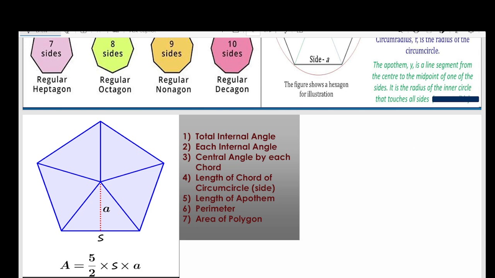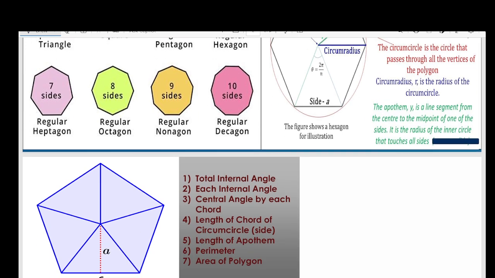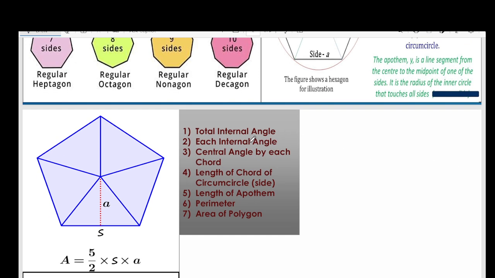Sometimes they will ask the radius of the circumcircle, how to calculate the values, the area of the polygon, etc. First of all, we will calculate the total internal angle. If you know how to calculate the values for one shape, say a pentagon or hexagon, the same formula is applicable for all polygons.